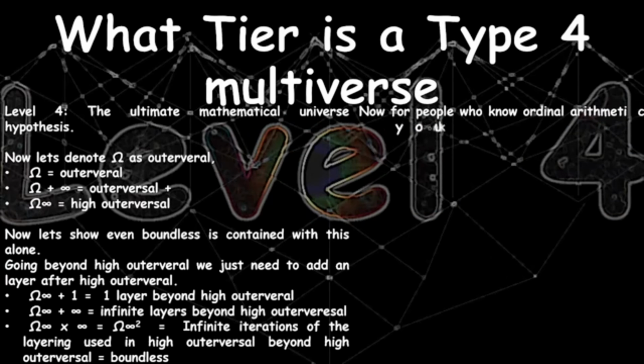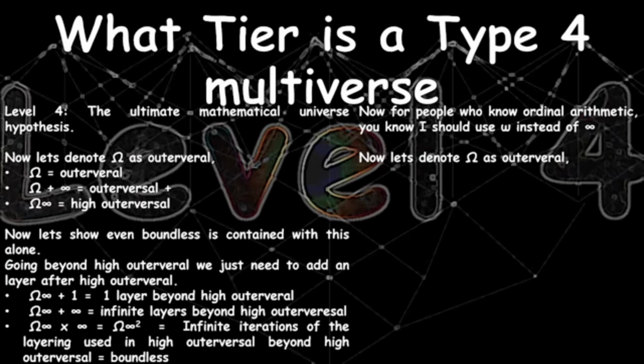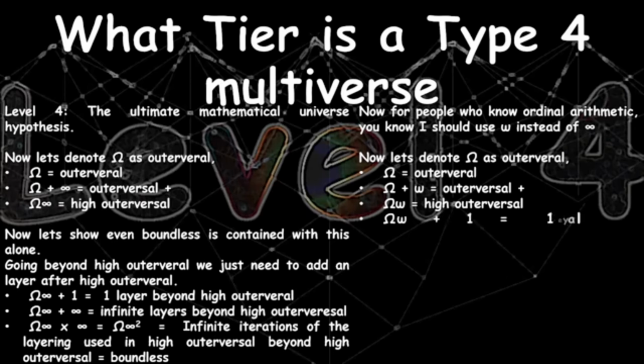Now, for people who know ordinal arithmetic, as I do, you should know that instead of using infinity, I should be using the lowercase omega to denote what comes after infinity. So rewriting it, we say that capital omega is alderversal, like this. Capital omega plus lowercase omega is alderversal plus. Capital omega times lowercase omega is high alderversal.